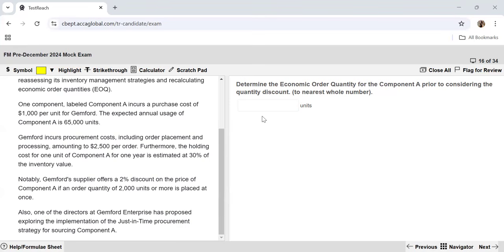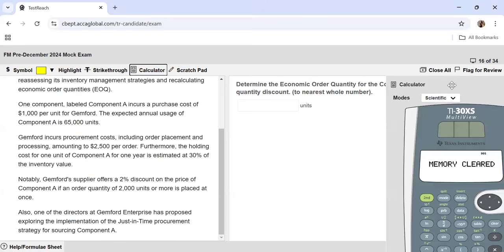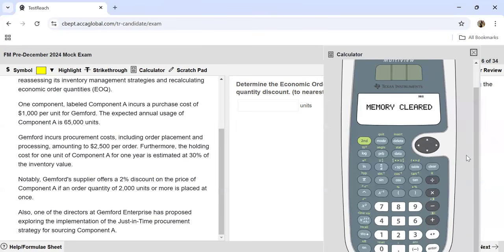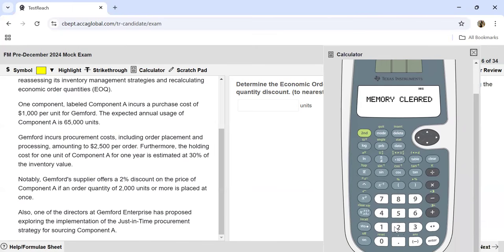Now, let's have a read at the first requirement. It wants you to determine the economic order quantity for component A prior to considering the quantity discount. So I'm going to open the calculator here. We will be using the EOQ formula, which starts with an under root. First, we'll calculate the exact value, then we'll find the root of it.